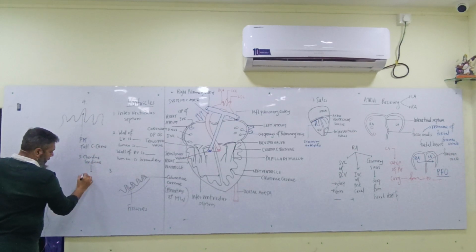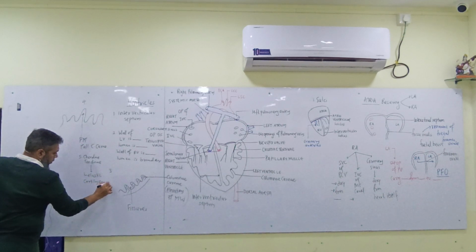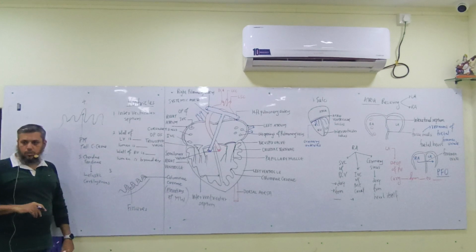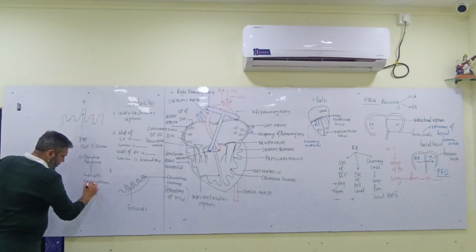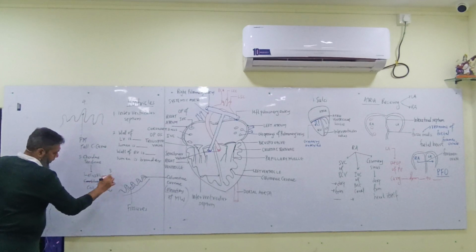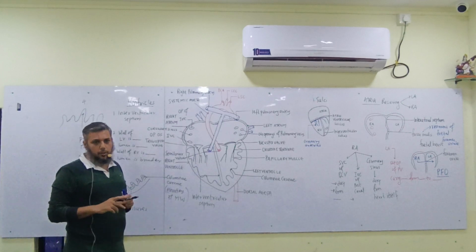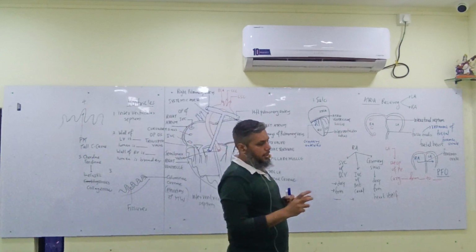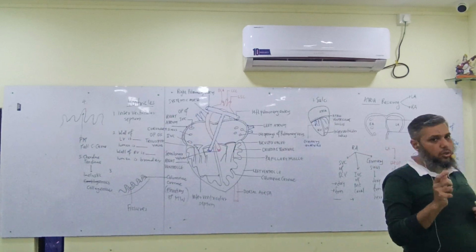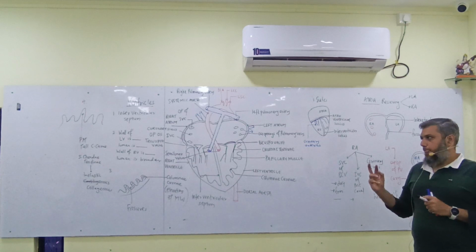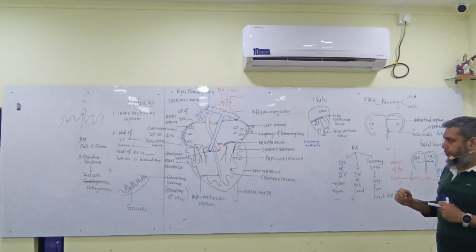What are the chordae tendineae? Inelastic collagenous cords. Sorry, collagenous cords. How are they? Inelastic and collagenous cords, which are called chordae tendineae.